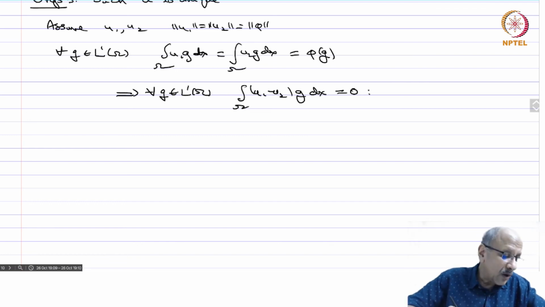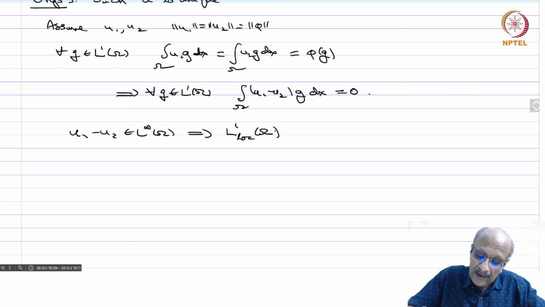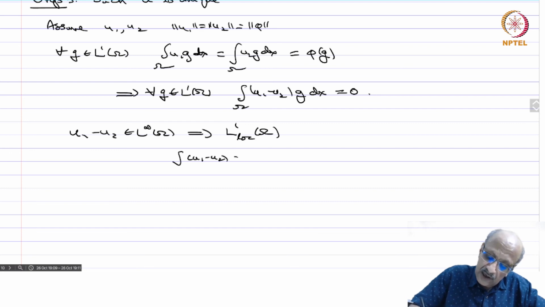Okay. So what does this mean? Now u1 minus u2 is in L infinity of omega, so they are bounded, so on any compact set they are integrable, therefore they belong to L1 loc of omega, because they are bounded functions on any compact set of finite measure. And integral of (u1 minus u2) g dx equal to 0 for all g in L1, therefore in particular for all g in Cc of omega.